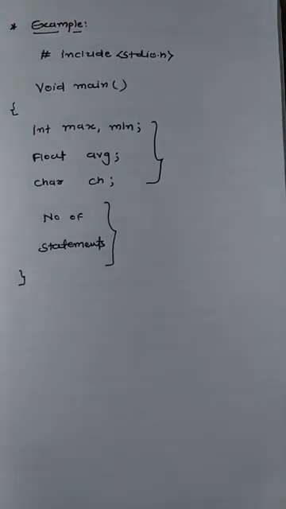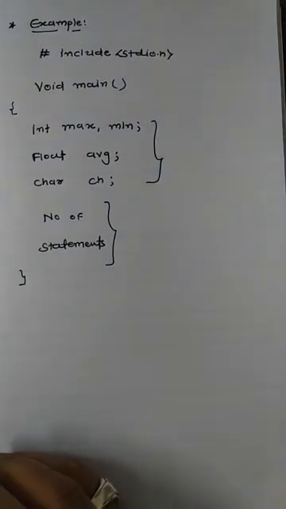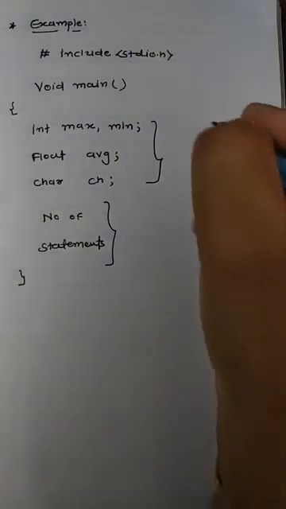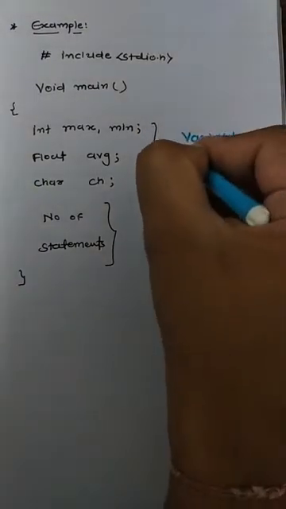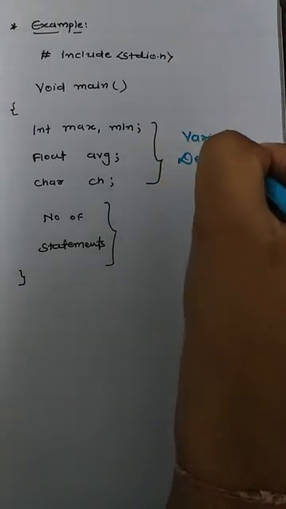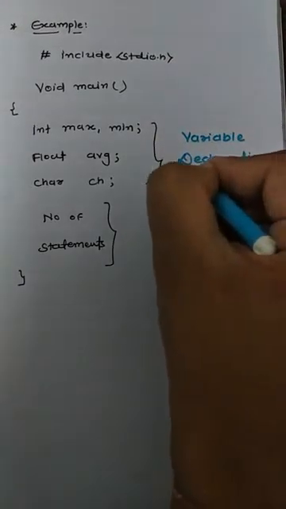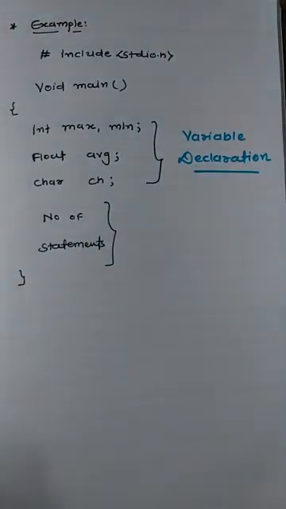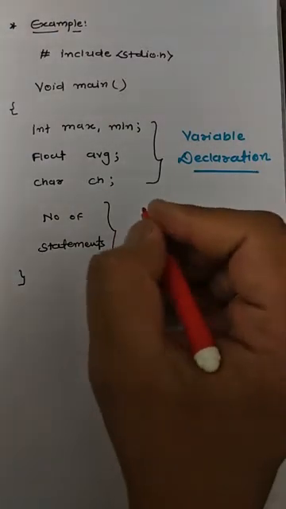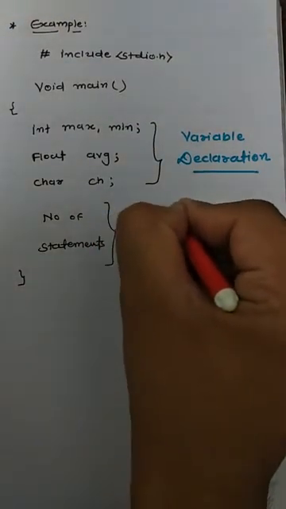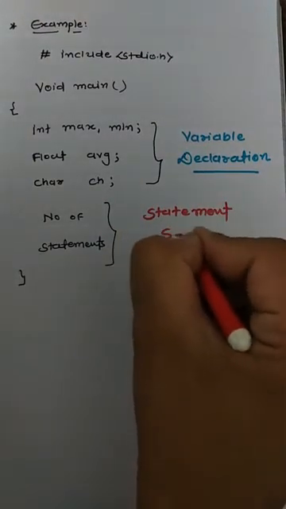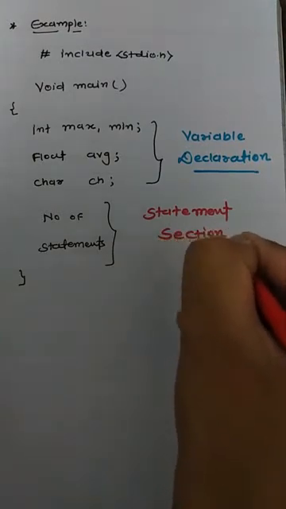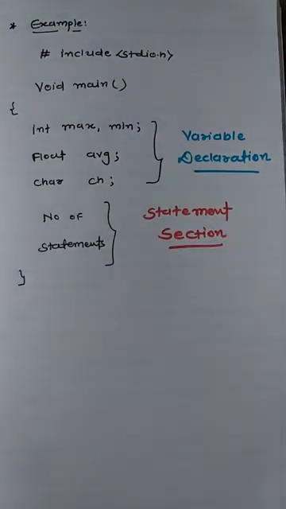So here this is the variable declaration section, and then this is the statement section.